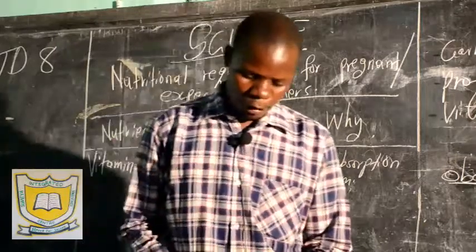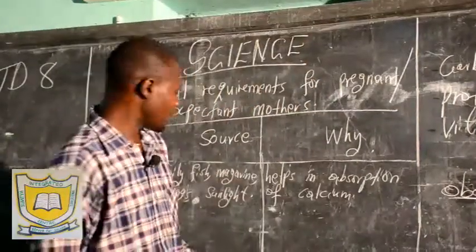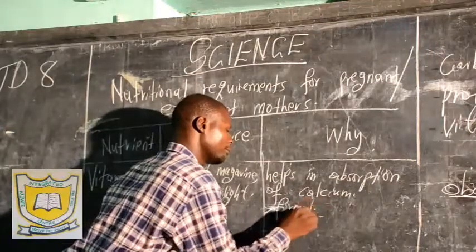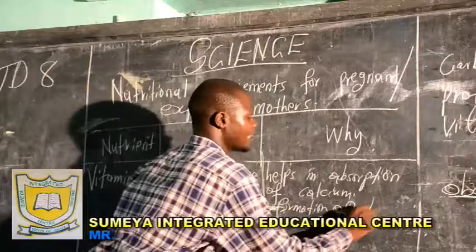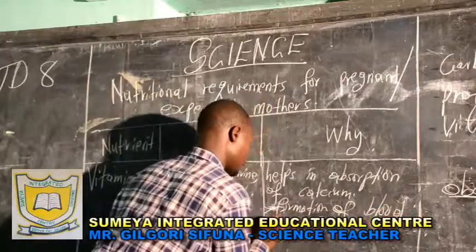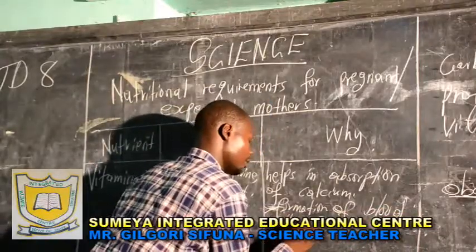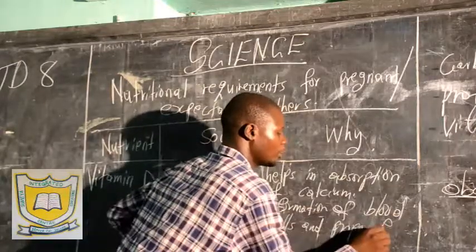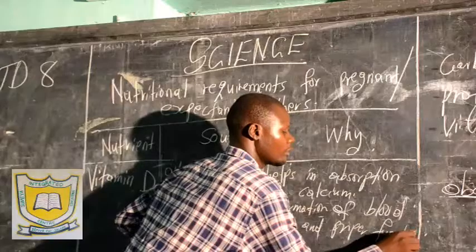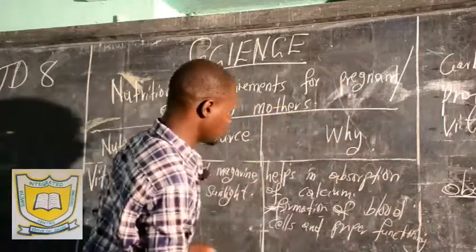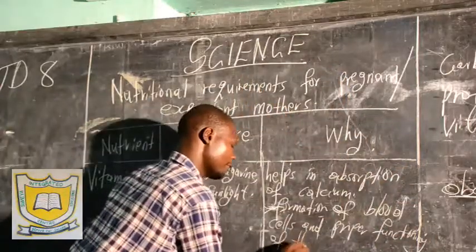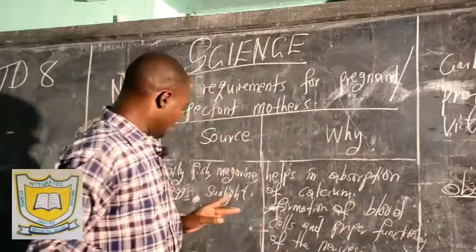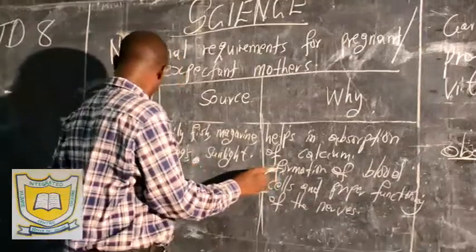And then we have formation of blood cells and proper functioning of the nerves. Okay, these are great importance of vitamin D.